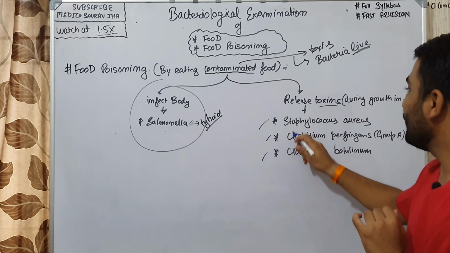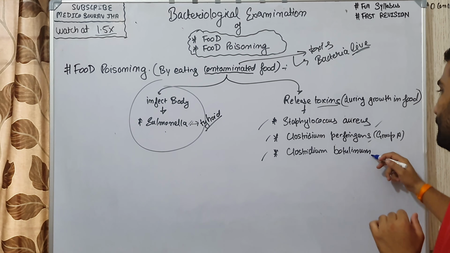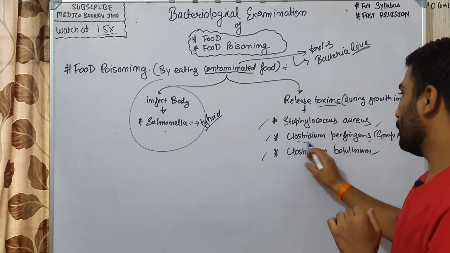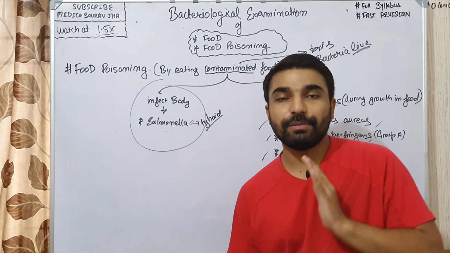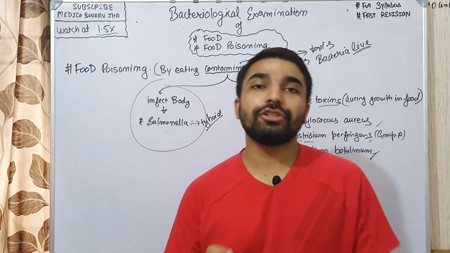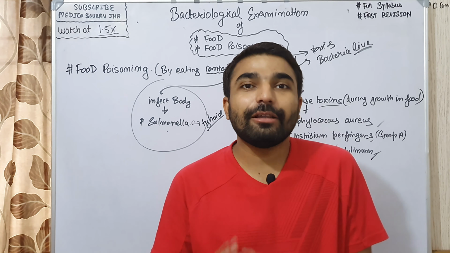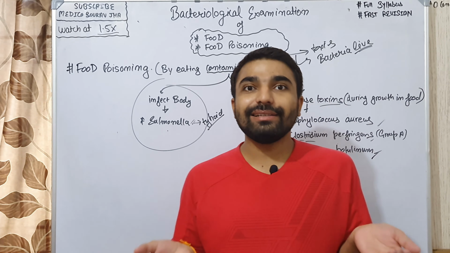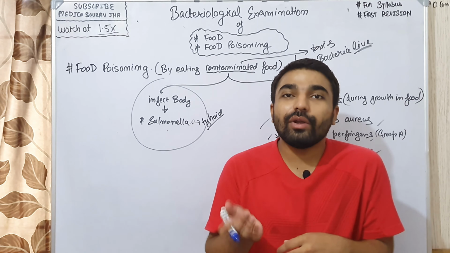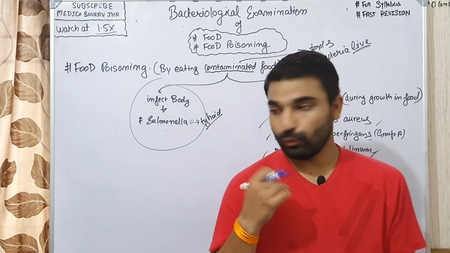But here we have three other species: Staphylococcus aureus, Clostridium perfringens, and Clostridium botulinum. These are the three species of bacteria which do not go into the body themselves to infect the person, but what they do is very interesting: they release their toxin when they are growing in the food. Let's take one example.